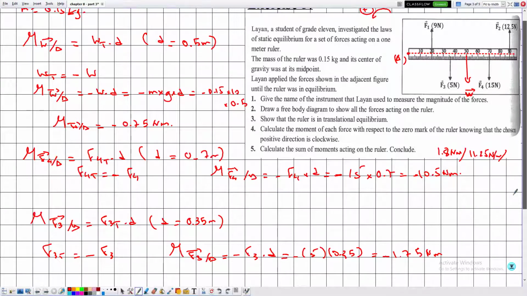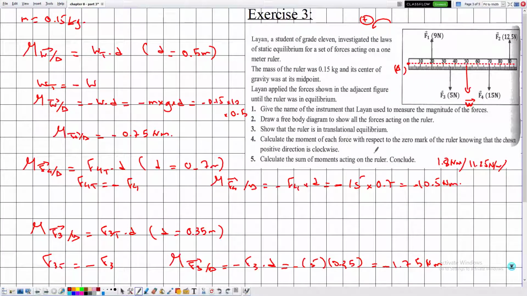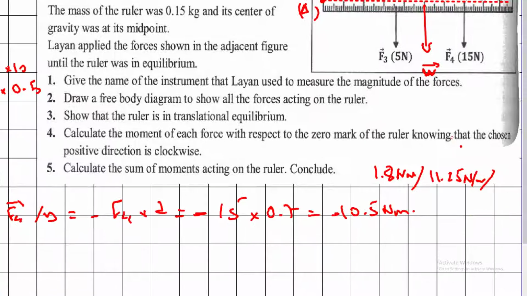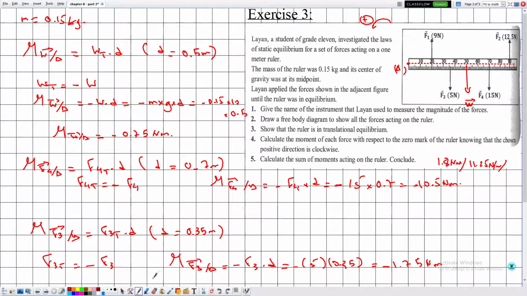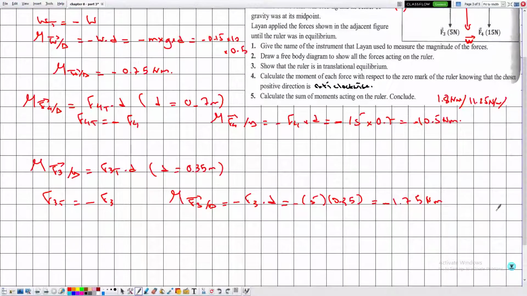Now in part 5, sorry, here they are telling me that the chosen positive direction is anti-clockwise. Because already I have chosen it to be anti-clockwise, let me change the question and say it is anti-clockwise. Okay, so now let's calculate the sum of moments of part 5.